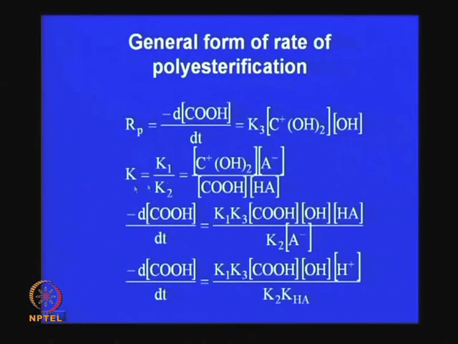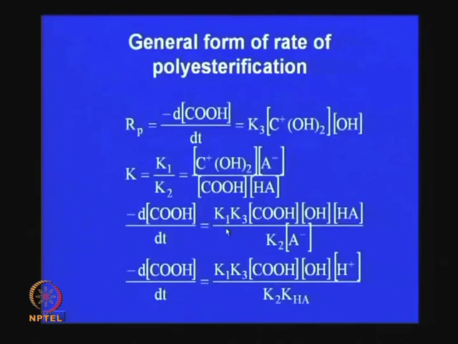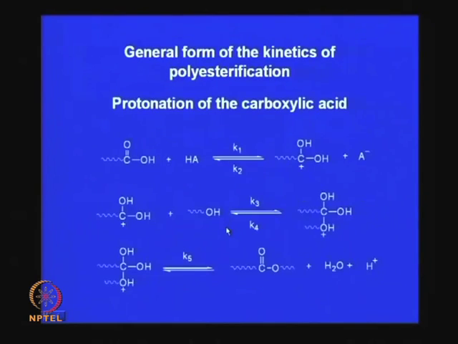You please read that, very simple. I have given you the background to understand. So this K is equal to K1 by K2 in the previous slide. These are the rate constants, these are all equilibrium type reactions.